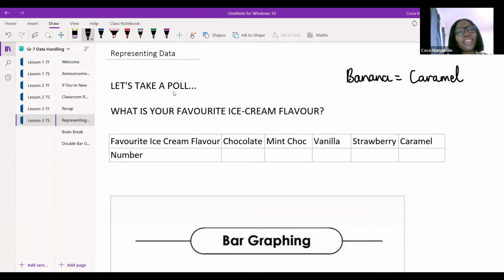Sange, I didn't even know that there was such a thing as banana ice cream. I got it off of one of the exercises that I was meant to do with you guys. Oh, guys, can't believe this. Vanilla and mint chocolate, the two flavors that I have an issue with. Exactly. Makosazana, I know your name is not Makosazana. I've just forgotten what your name is. Please let us know in the chat so we can change it for you.